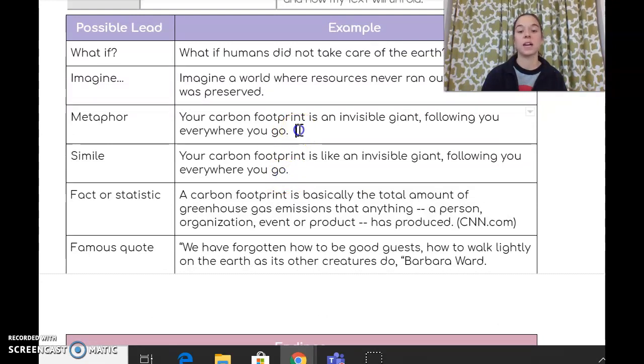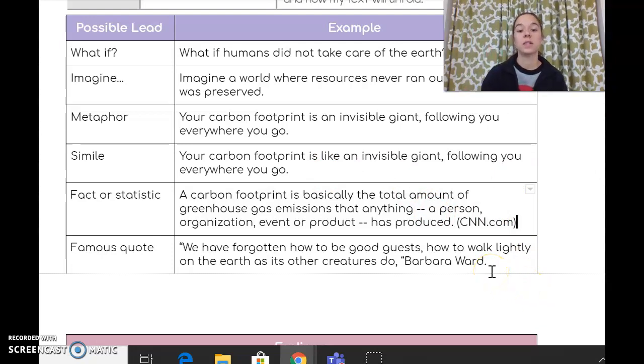Just like we practiced in class, guys, you could do a metaphor or a simile, so make a comparison to something maybe unlike it. Your carbon footprint is an invisible giant following you everywhere you go. That's our metaphor. To make that a simile, we're going to add that word like, so it's like an invisible giant. Awesome. You could do a fact or statistic if you found one in your articles that was really interesting and you think would be a really good, powerful start.